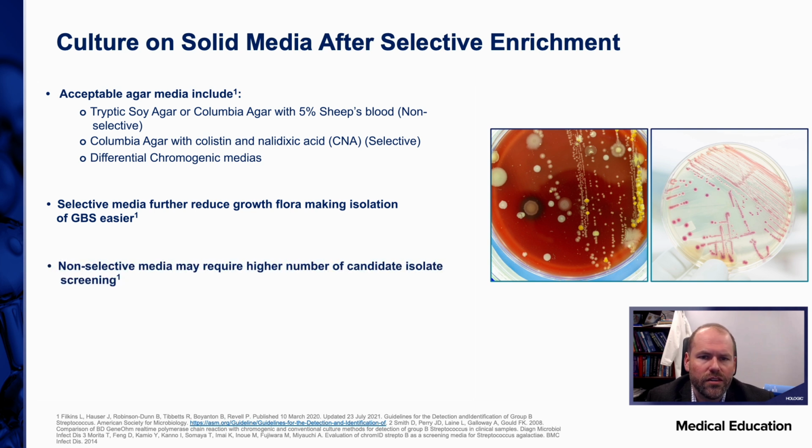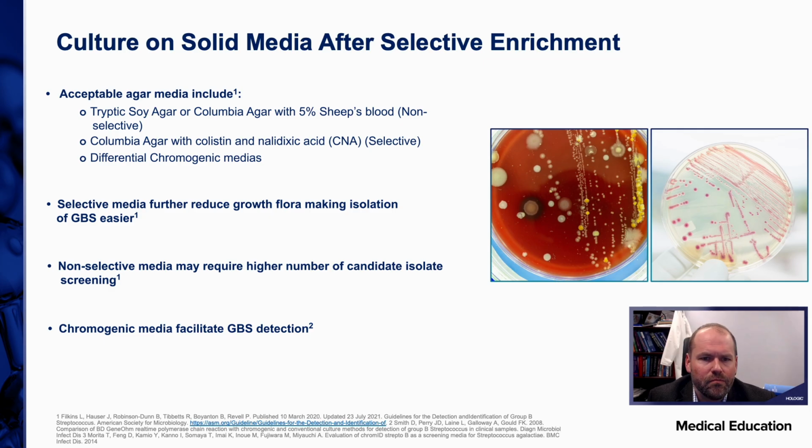Non-selective media also requires a high number of candidates for isolate screening, because the fact of the matter is that many of them during the overgrowth will be covered up, so you need a high number of colonies. Chromogenic medias facilitate GBS detection as well. You can see the picture on the far right again, right?